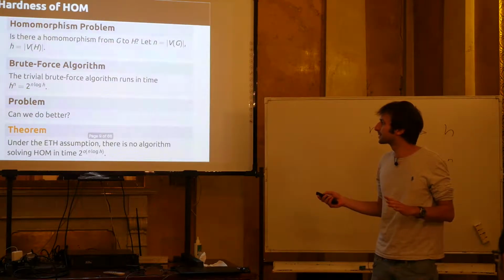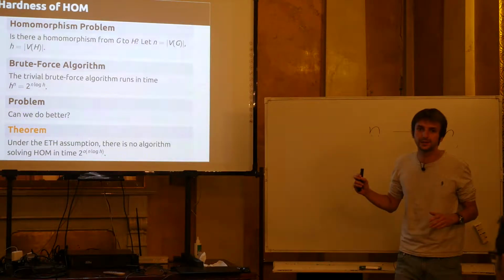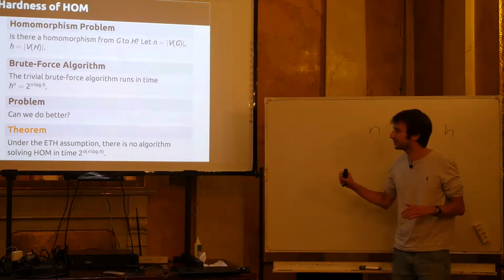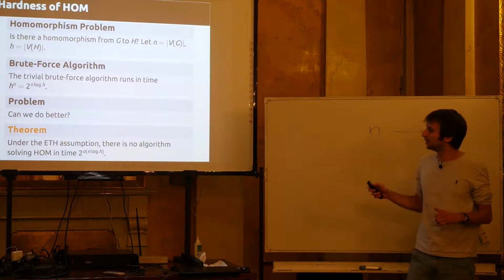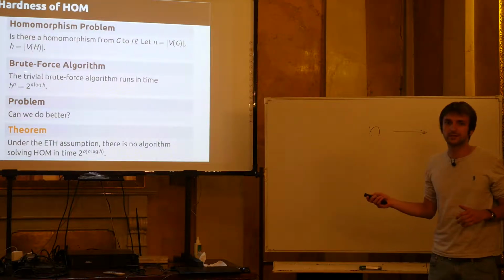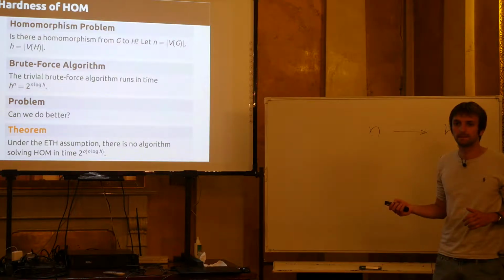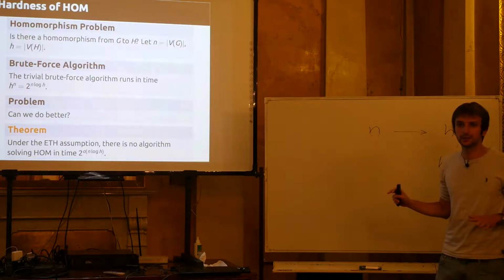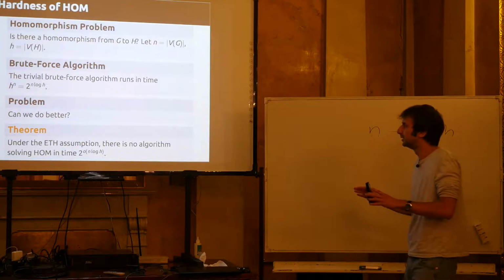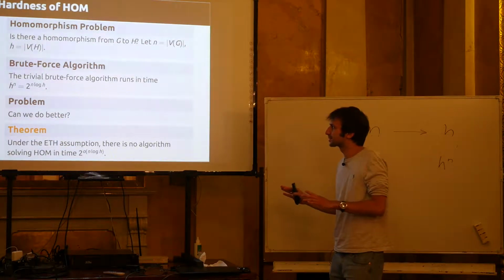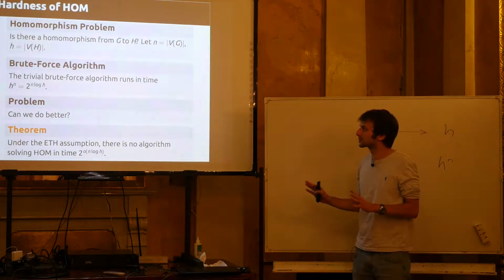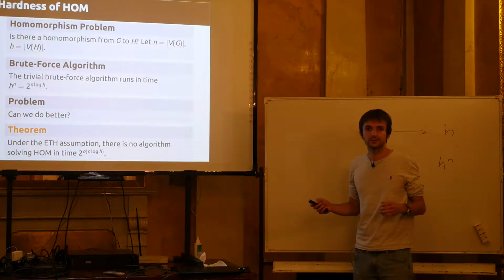Today we'll sketch the argument which says that under the ETH assumption, there is no algorithm which solves it asymptotically faster. Asymptotics is going to be in the exponent here. Any questions? So essentially, brute force is close to optimal under the ETH assumption.